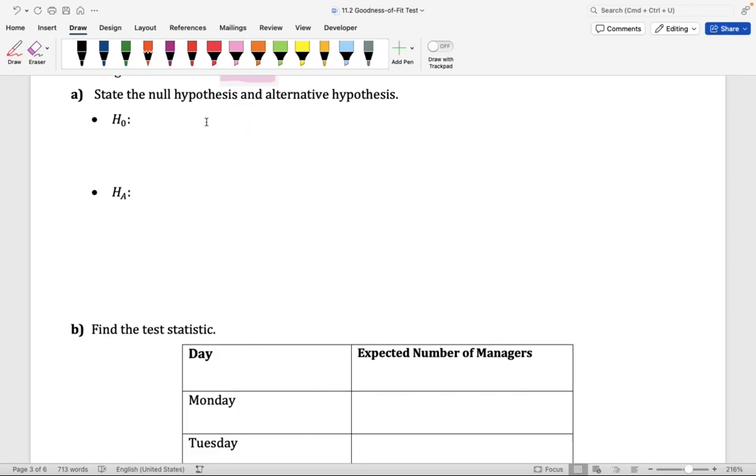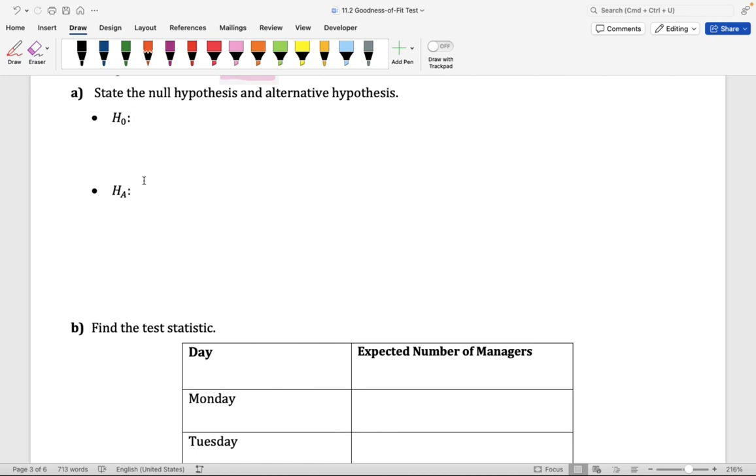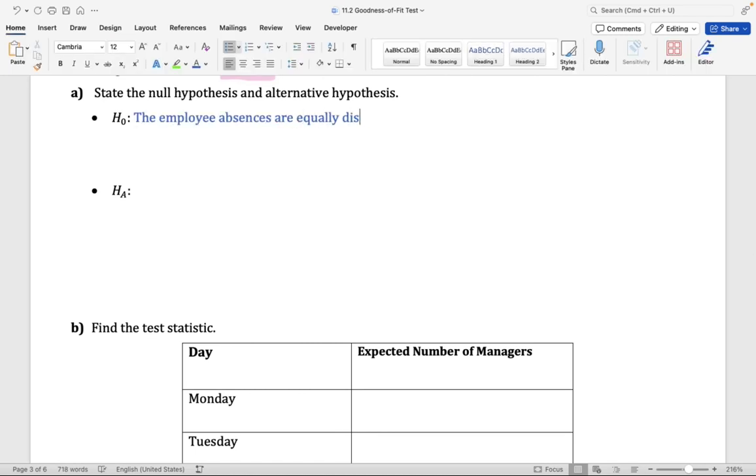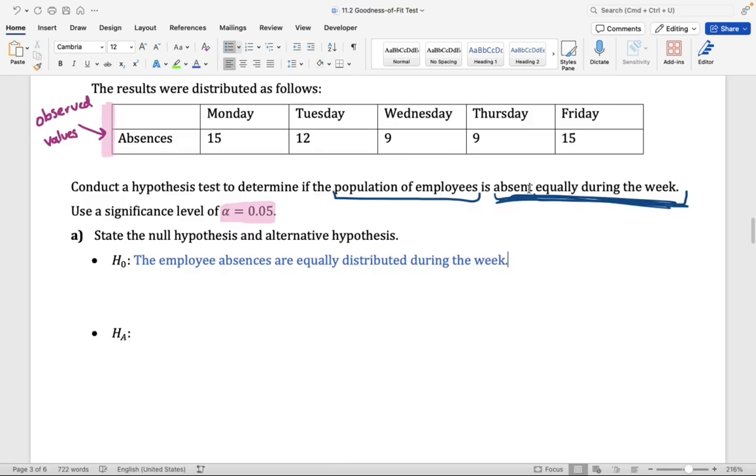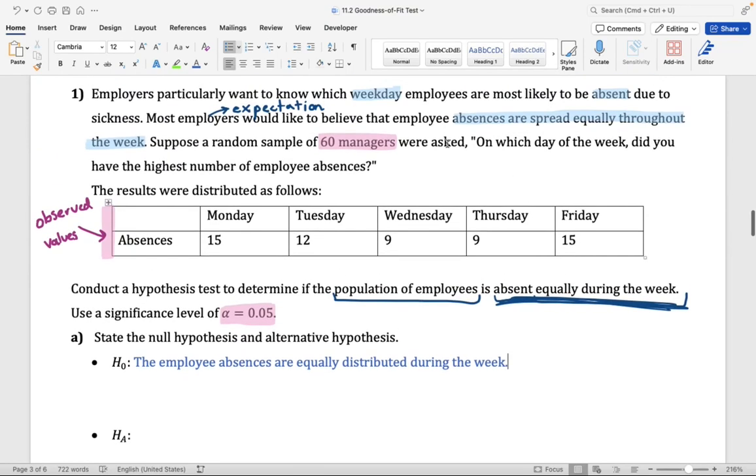Let's say that we do expect the employees' absences to be equally distributed during the week. We're going to write the employee absences are equally distributed during the week. In other words, we're saying the employee absences do follow this distribution that you're expecting to see. They are spread out equally throughout the week.